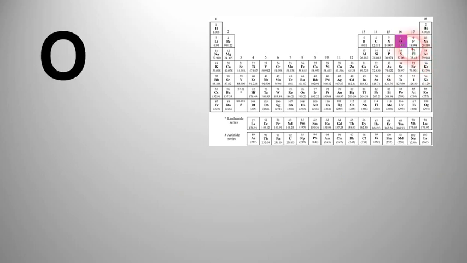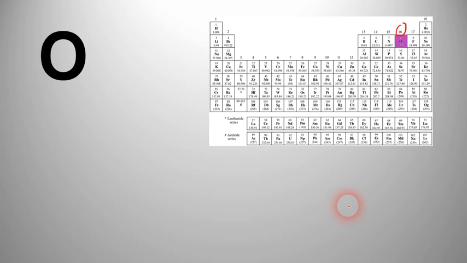Now let's try another example. Let's try oxygen right here. How many valence electrons does oxygen have? Well, it's in group 16, so it has 6. It would really like to have 8. So how is it going to obtain that octet? Well, it's going to gain 2 electrons. And so when it has an octet, what's its charge going to be after it gains 2 electrons?